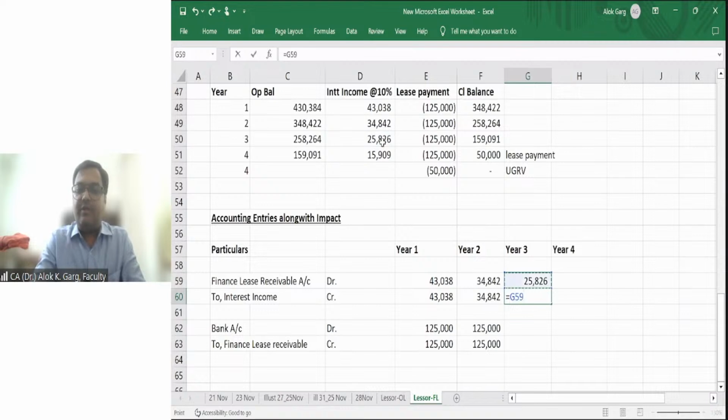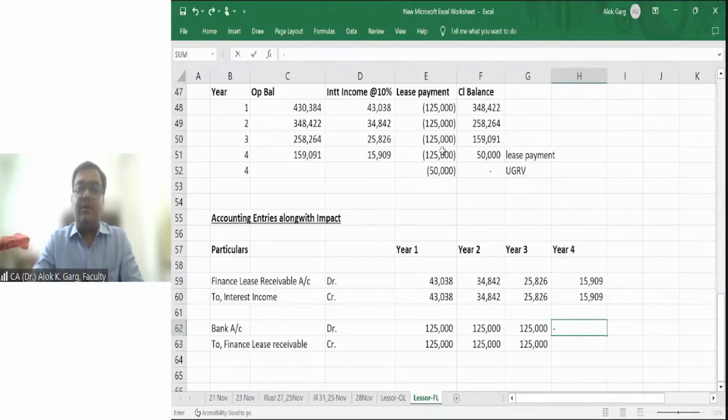You will debit your asset, and when you receive the payment, you will credit your asset, right? In the fourth year, again you will recognize an interest income, and you will receive your 1,25,000 as a lease payment and 50,000 as an unguaranteed residual value. With this, you will credit your finance lease receivable.